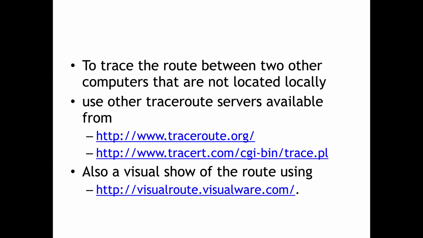So here are a few URLs again for traceroute servers. And again, you can simply use these servers to get a picture of what route your packets are taking. It's also a program that you can download, and that's VisualRoute. It is a free download, and it will allow you to trace the packets directly off of your computer.